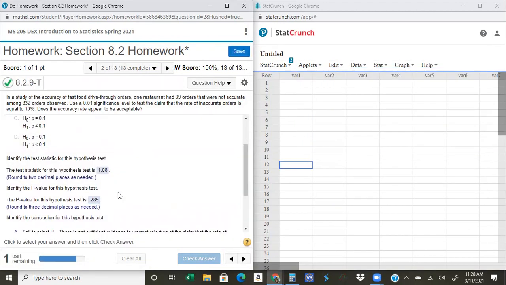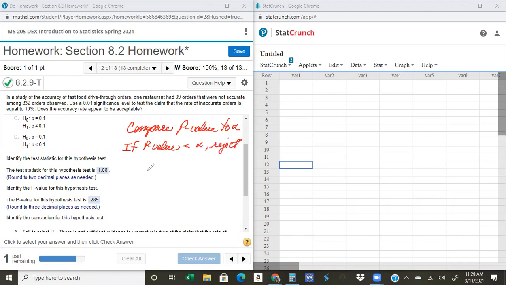The easiest way to do the conclusion is always to just use the p-test. That's what most technology is set to work with. For the p-test, you compare the p-value to alpha. If the p-value is less than alpha, we reject the null.